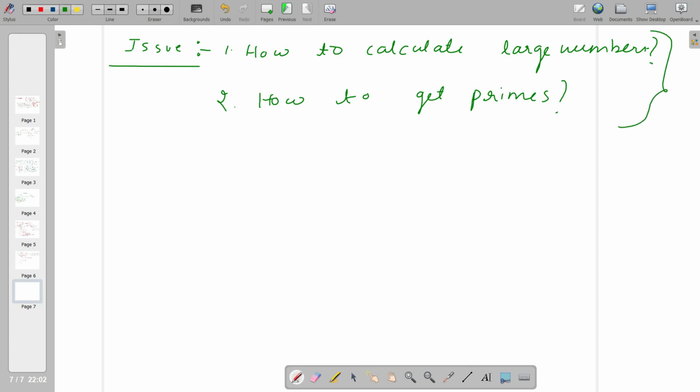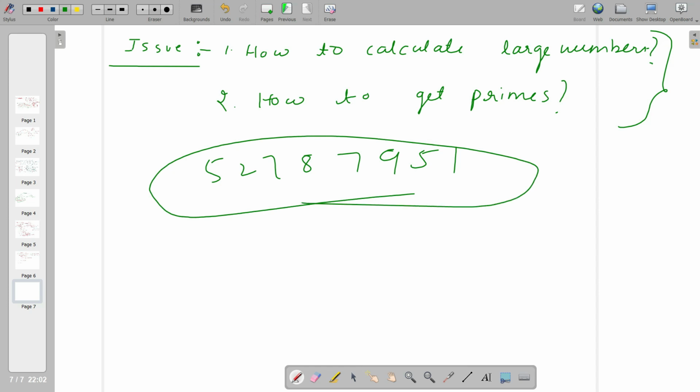For example, I write 5 2 7 8 9 7 7 9 5 1. How will we confirm that this is a prime number? This is again an issue with RSA, because factorization should be hard for security. That is why we need to choose large primes. But if we choose a large prime, how will we confirm that it is prime?